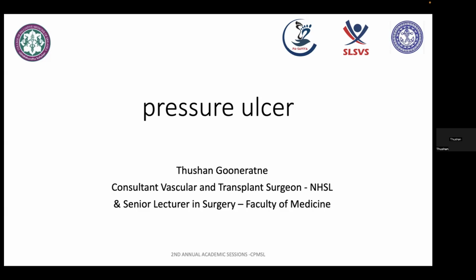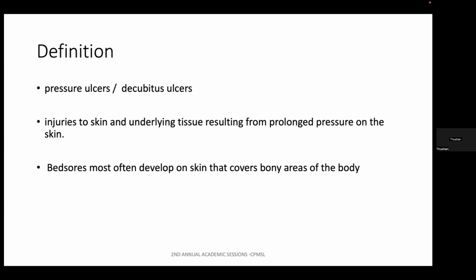Now, when you say pressure ulcer, a lot of people have different opinions. We call it bed sores, decubitus ulcers. Which ones are we talking about? It can be sometimes misleading when you say pressure ulcers to various different types of ulcers. Obviously, there should be an injury to the skin or underlying tissue, and this is due to a prolonged pressure on that skin.